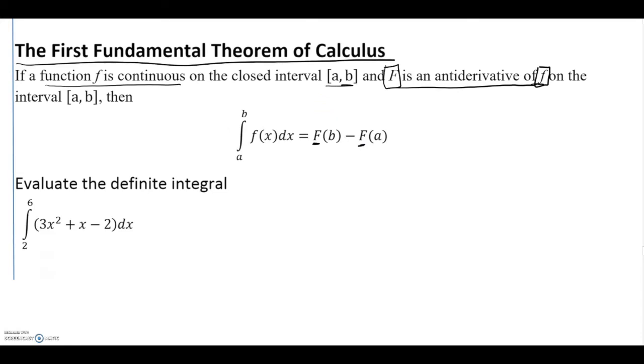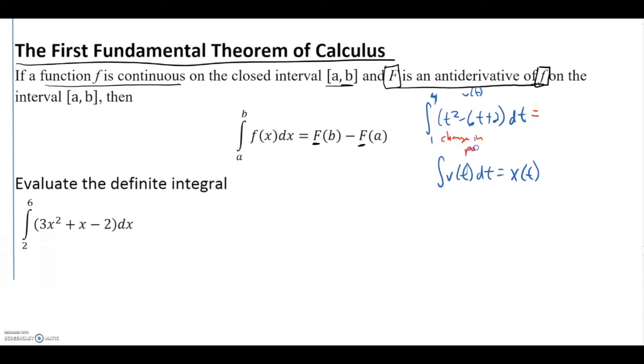And so the connection I want you to make is, back at the beginning, we were working with the integral from 1 to 4 of t squared minus 6t plus 2, some velocity function on an interval 1 to 4. It's a polynomial, definitely a continuous function. The antiderivative of v of t would be our position function, this x of t. We talked about this back at the very beginning.